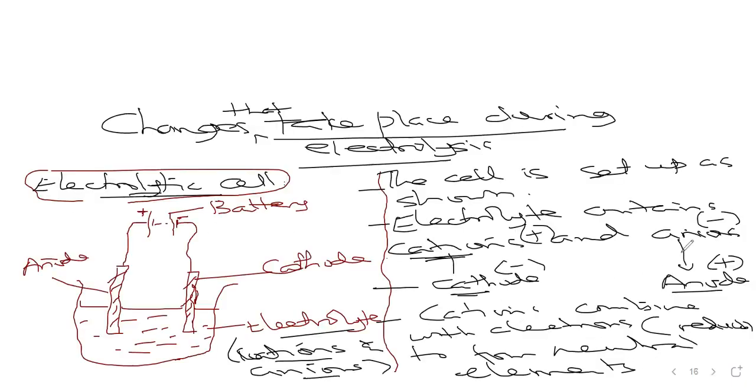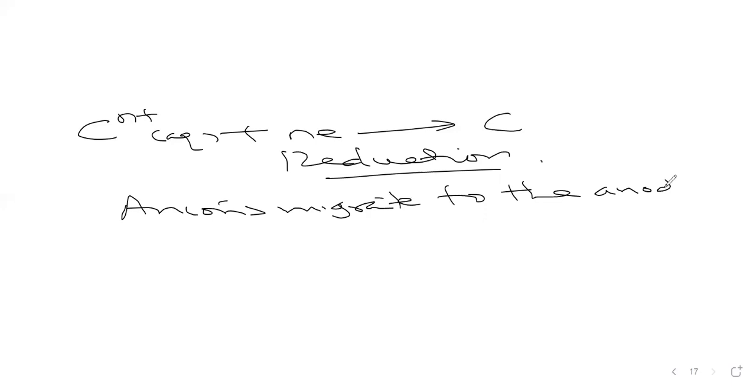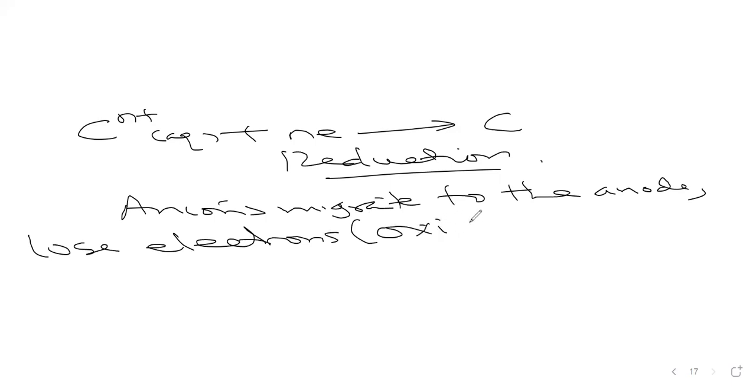Then the anions migrate to the anode. So when anions migrate to the anode, what happens there? They lose electrons, which we call oxidation, to form neutral elements.